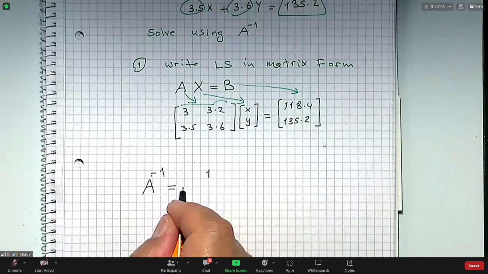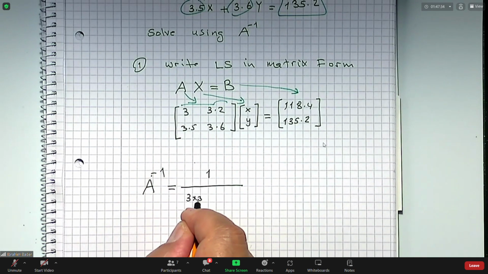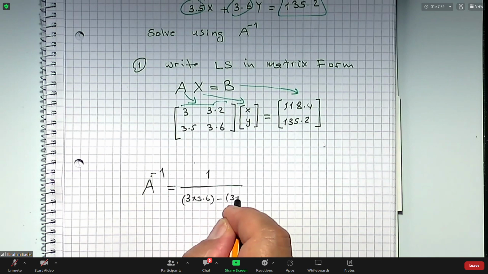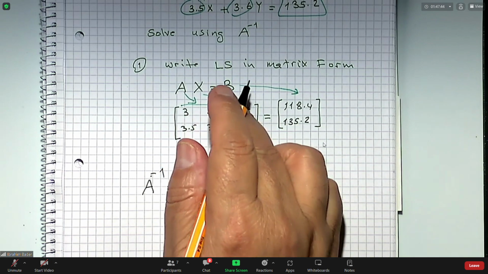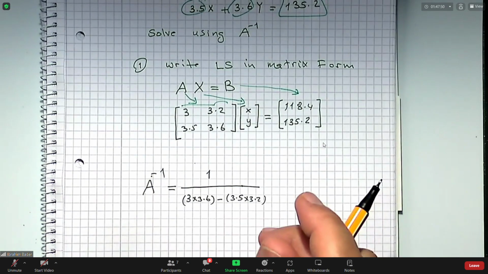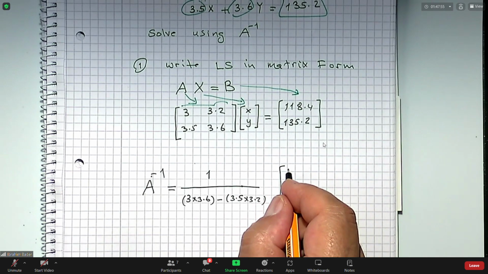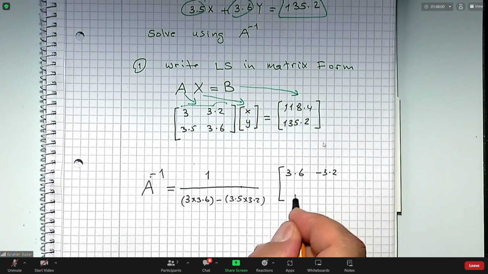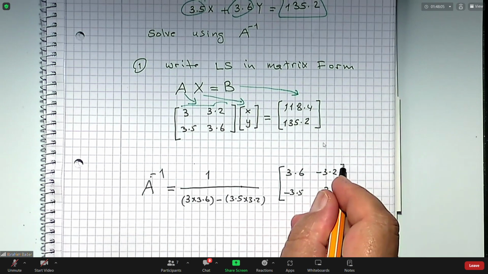It's 3 times 3.6 minus 3.5 times 3.2. And then here we need to apply the rule. So here I flip this diagonal, negate this one, negate this one, and this one is just 3.